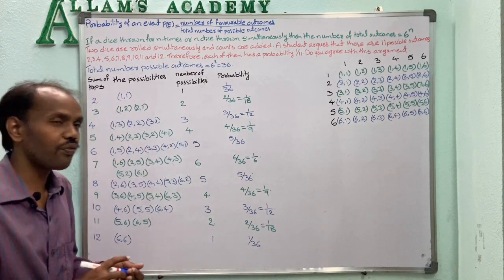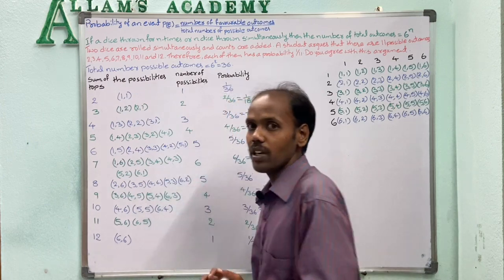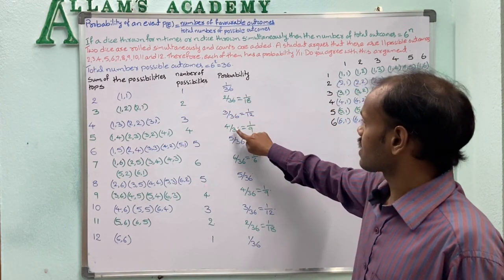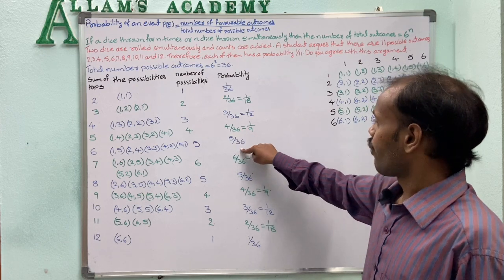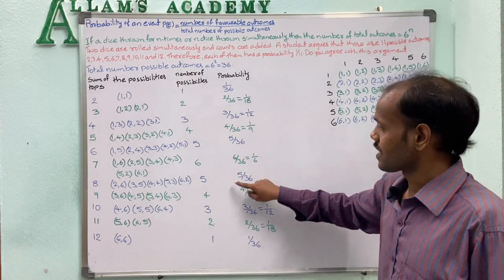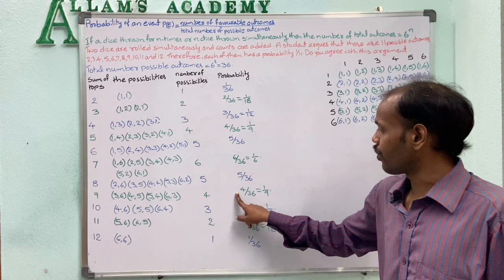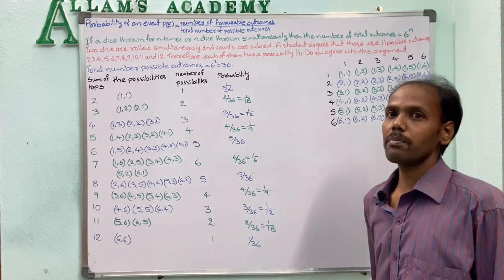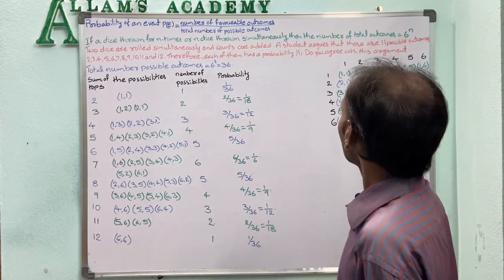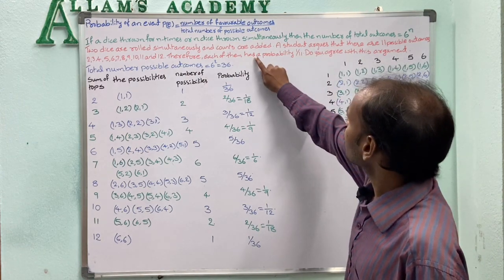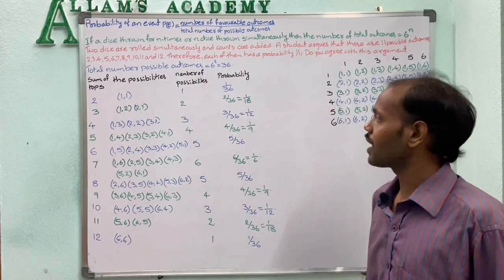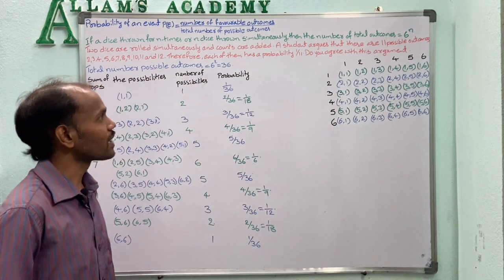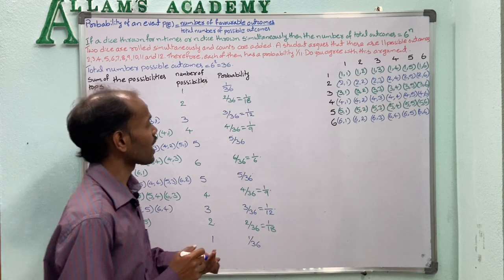Now here if we observe the probabilities, they are 1 by 36, 2 by 36, 3 by 36, 4 by 36, 5 by 36, 6 by 36, 5 by 36, 4 by 36, 3 by 36, 2 by 36 and 1 by 36. But here a student argues that each probability is 1 by 11. But in no case is 1 by 11 obtained. That means his argument is wrong.